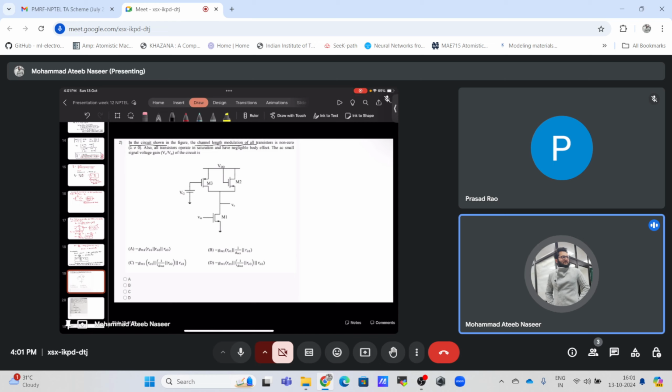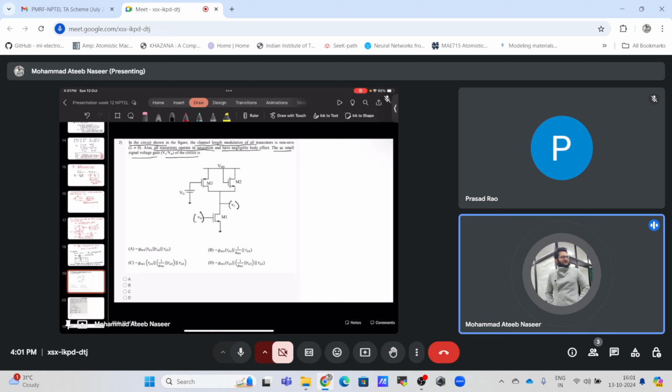So all transistors operate in saturation, that's what we have seen. In order to have the maximum gain, we need to operate them in saturation, and we have negligible body effect. The AC small signal voltage gain has to be found out, which is V naught by V in. This is our V out, and this is our V in.